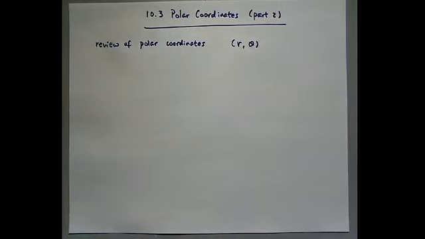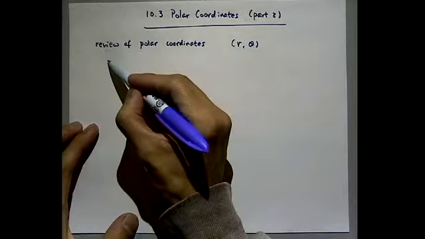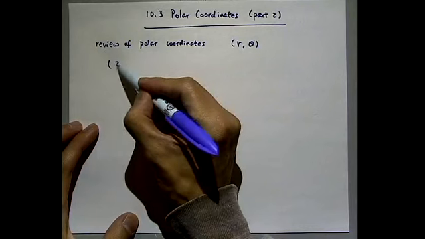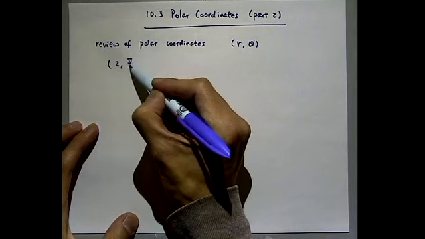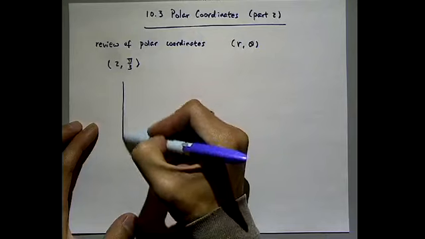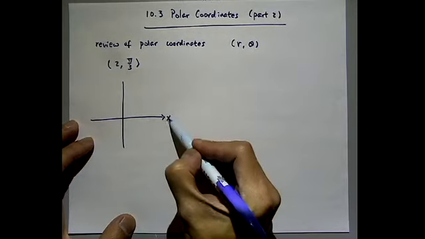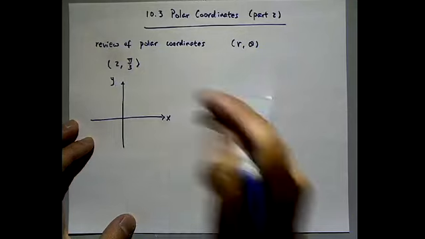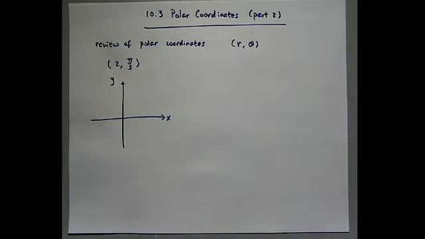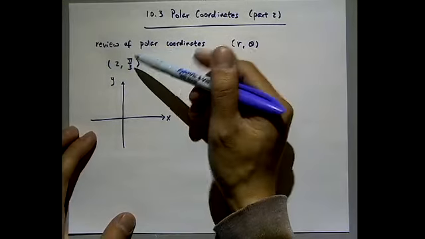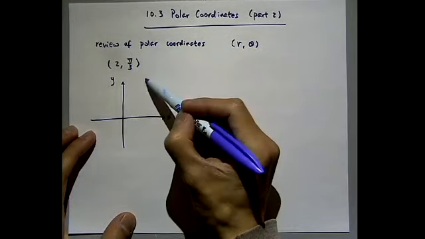Remember, we specify a point by giving a value theta and also a value r. For example, the point (2, pi over 3). What you do is start with the angle, go to pi over 3, which is right here.